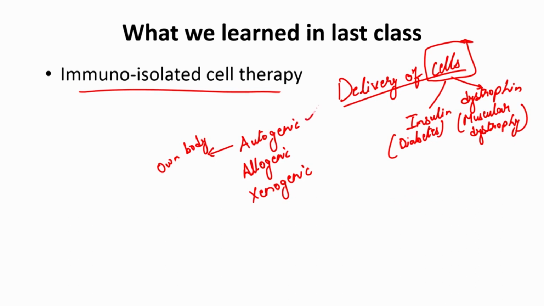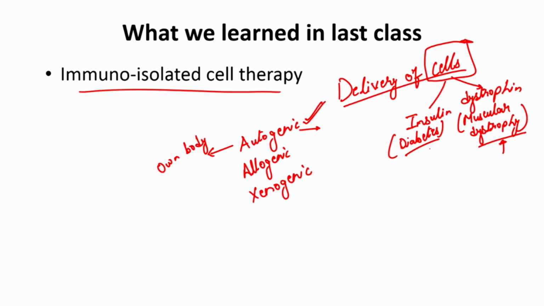These things survive much better, but the problem is the source of these cells is fairly low, and in most cases they are not there. If you are suffering from diabetes, your own pancreatic cells are not working. So, that is why you need more cells from some different source. So, autogenic will not work in that case. Similar with muscular dystrophy, where your proteins are not in the correct conformation or not in the correct orientation, and so your own cells will not work.